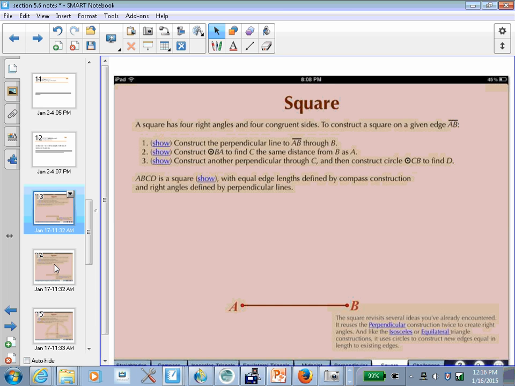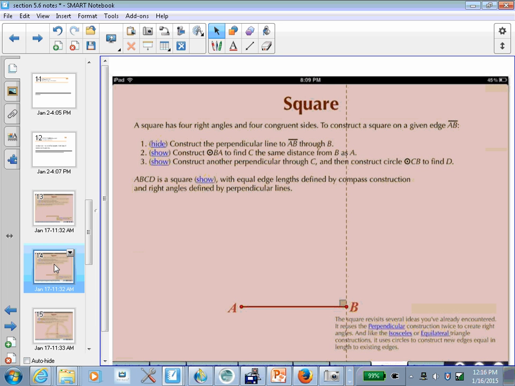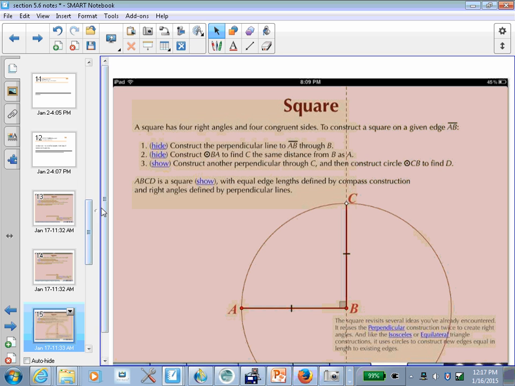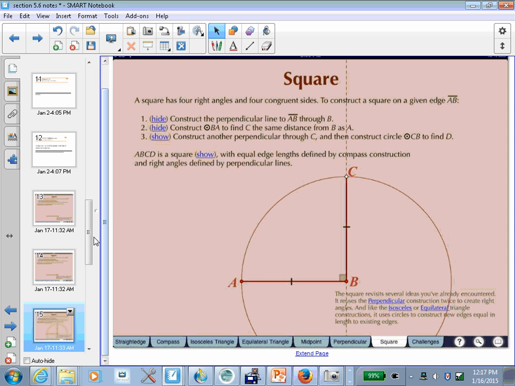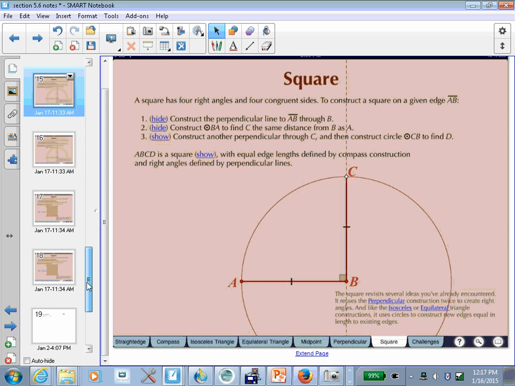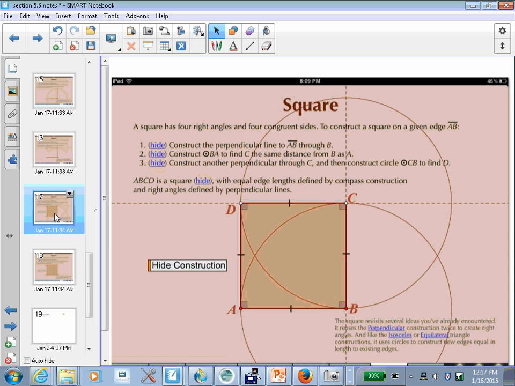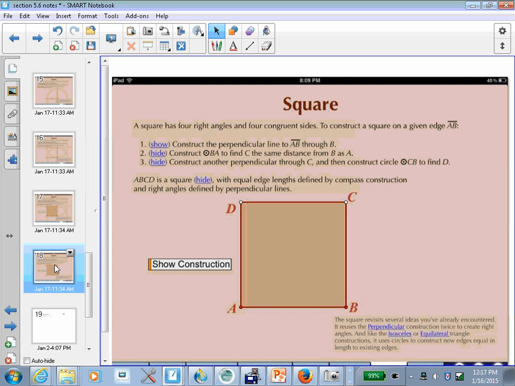So you can put me on pause and construct your square in Sketchpad. So go ahead and take the time, make your square in Sketchpad.